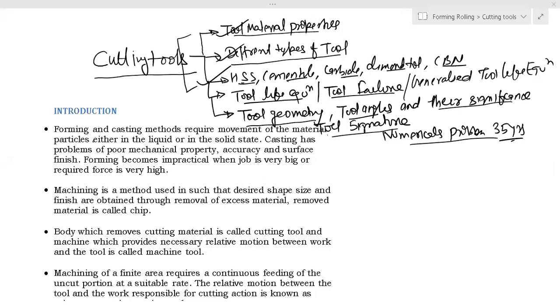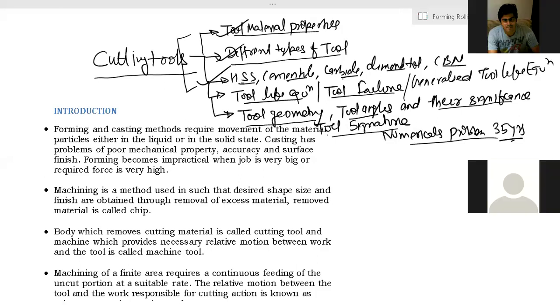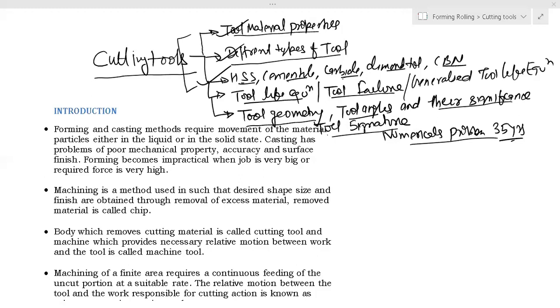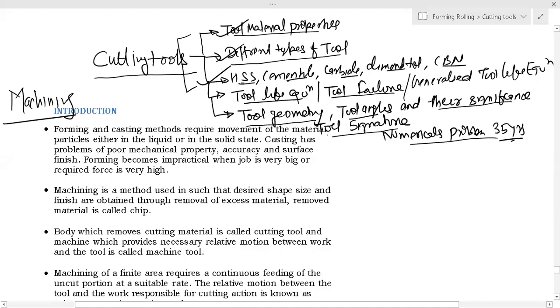We'll try to understand. The first is machining, because tool is used in machining. So what is machining? Let us read. Forming and casting methods require movement of the metal particle either in the form of liquid or solid state.